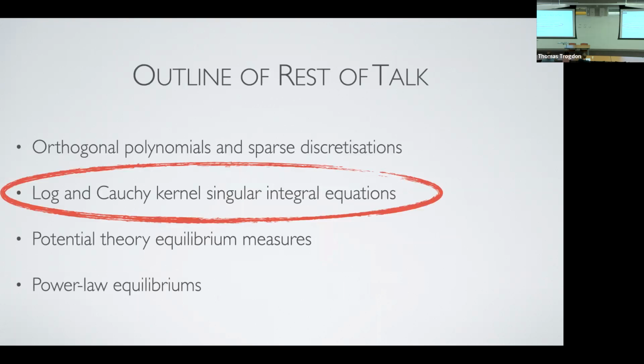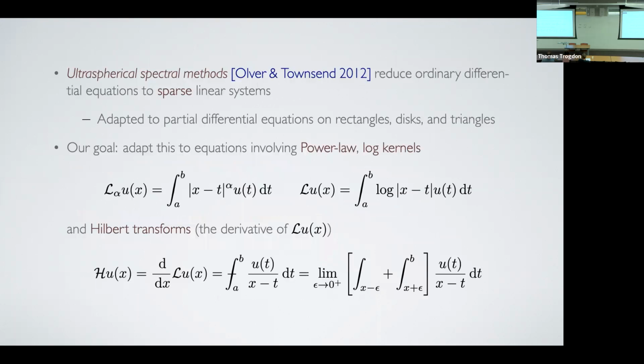All right. So now let's look at, for orthogonal polynomials, the log and Cauchy kernel. So we have these different operators. This was motivated by some stuff I did in differential equations. Some of it is very well known in the classical literature, but this was just my own personal motivation rather than a historical thing.